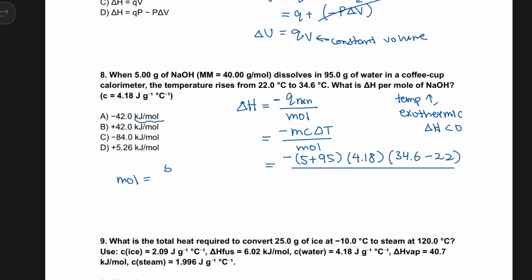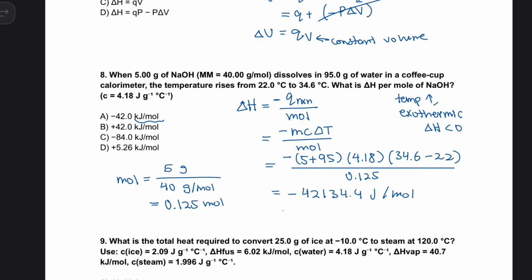So we have 5 grams of NaOH divided by 40 grams per mole. So we have 0.125 moles of NaOH. And then all we have to do is calculate this, and we'll get negative 42,134.4 joules per mole, and then convert it to kilojoules by dividing by 1,000, and we'll get negative 42 kilojoules per mole, which is option A.